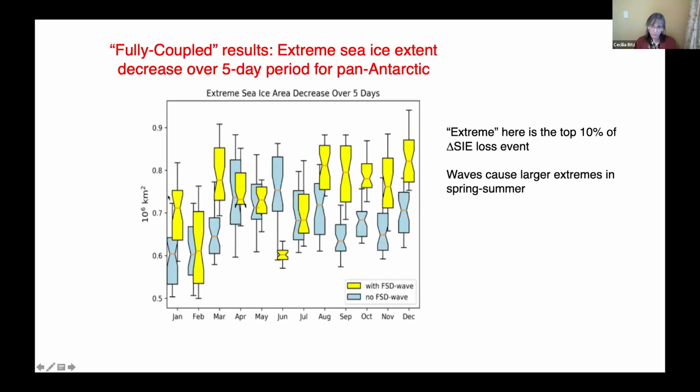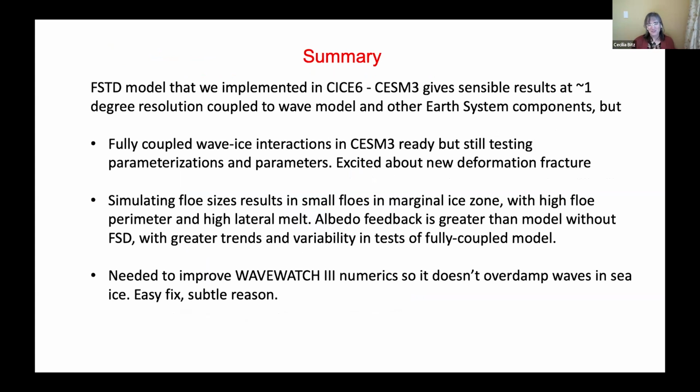In fact, higher trends due to smaller simulated flows. And I thought this was kind of cool that I was able to see higher variability in the 5-day periods of sea ice variability. So extremes were higher in sea ice loss events. But I'm not ready to publish those results because the model was kind of drifting too much.